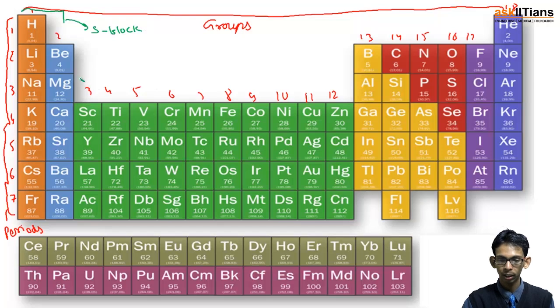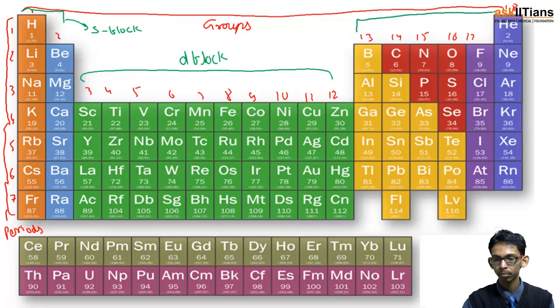These are called D block elements, and these are called P block elements, and these two rows at the bottom are F block elements. The question comes, why? This is the classification of elements on the basis of electronic configuration.